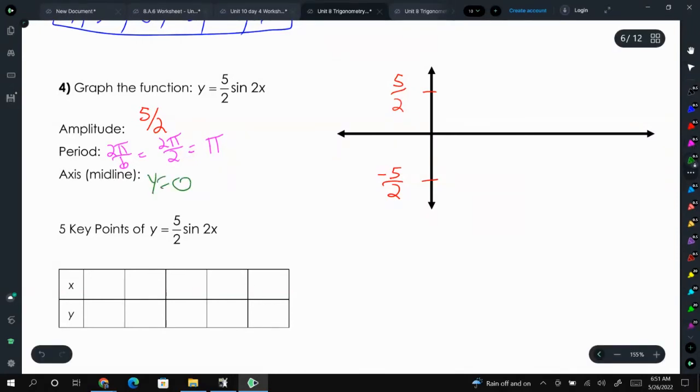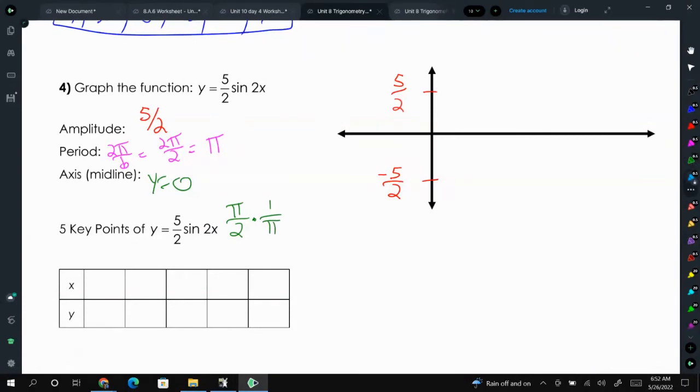Y equals 0. So now my increments can be pi over 2 times, whoops, I'm sorry, not 1 over pi, it's 1 over 2. 1 over 2, our b value is 2. So this is going to be pi over 4.